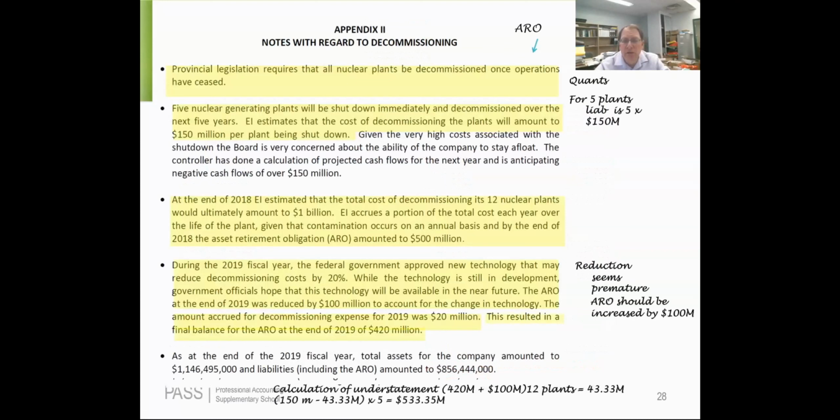People look right at the bottom. Can you guys see the bottom here? What's the problem with the accrual for the ARO? Somebody just spell it out to me. We asked you in the required, is it sufficient? What's the problem? And there's more than one way you could have done this, by the way.